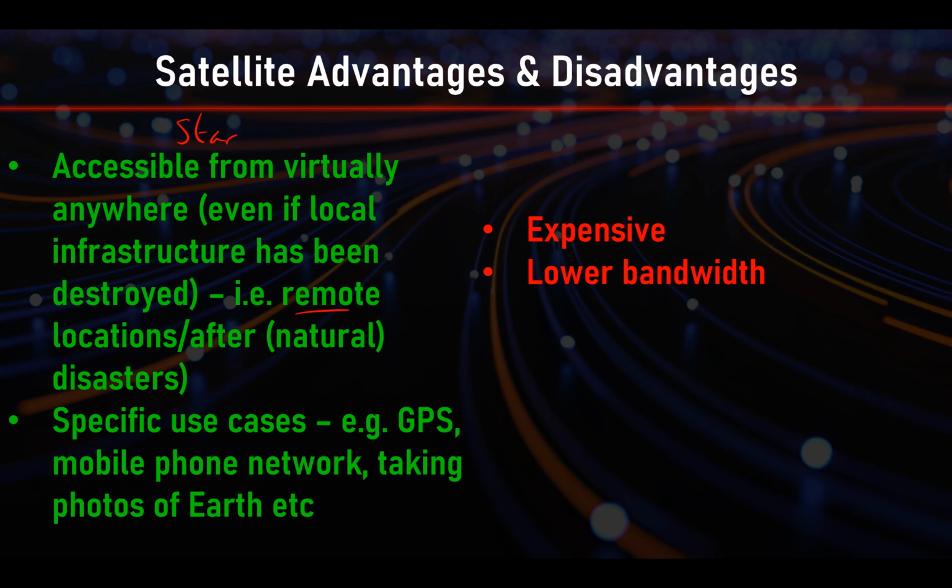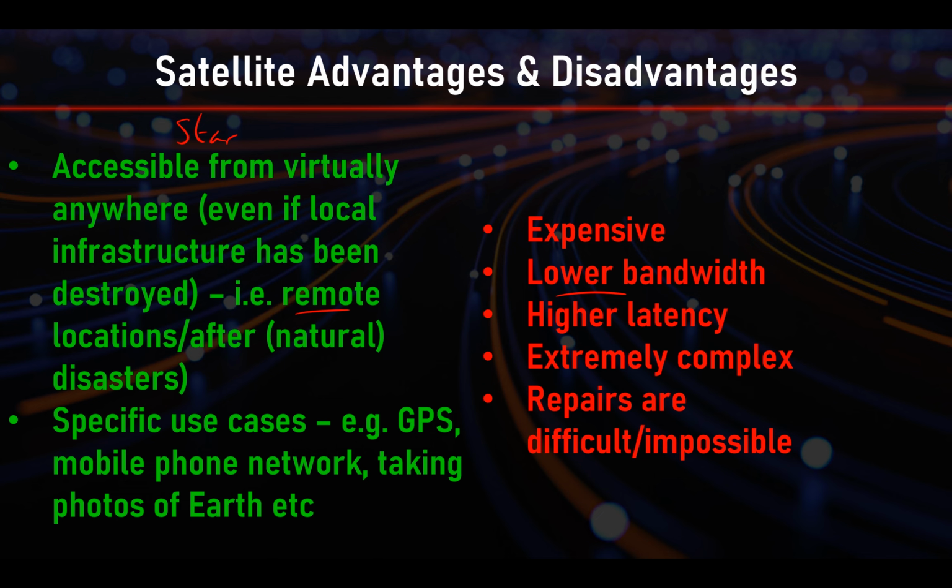Because you're sharing satellites between thousands or millions of other people, the speed of the mobile phone network is slower than, for example, your home router. Again, we have high latency because of the distances. And it's extremely complex: launching rockets, building satellites, not too easy.